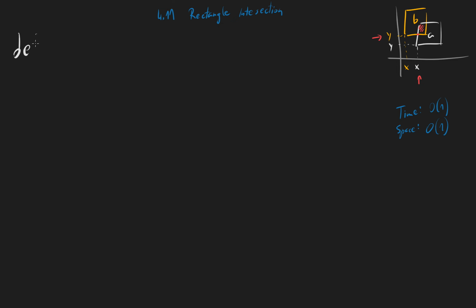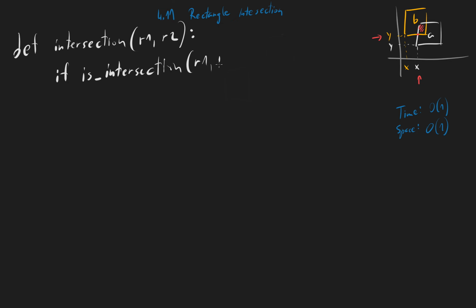Let's implement this. Def intersection. Say R1, R2. Okay. So first we need to check if we actually have an intersection. If we have two rectangles that are far apart, we don't have any intersection, right? So we'll have a helper function, is actually intersection, for those two rectangles.